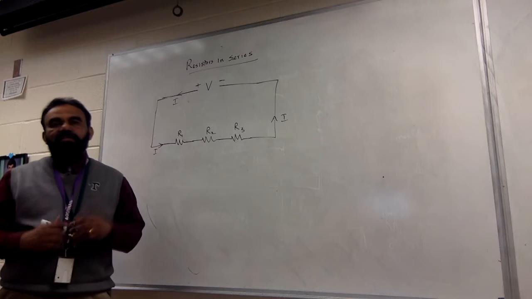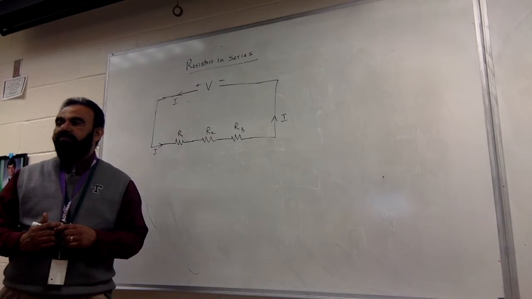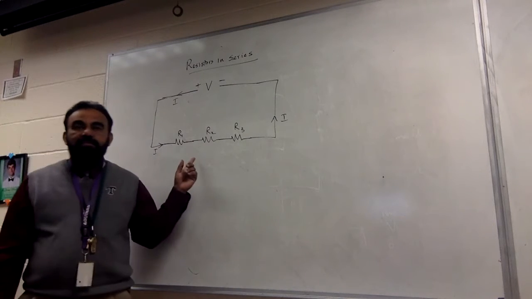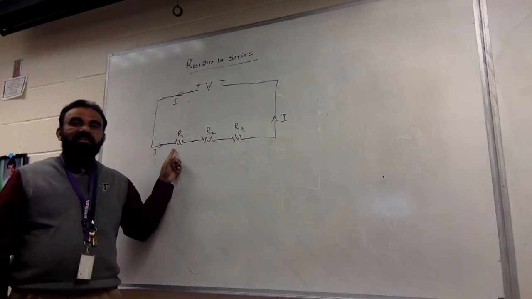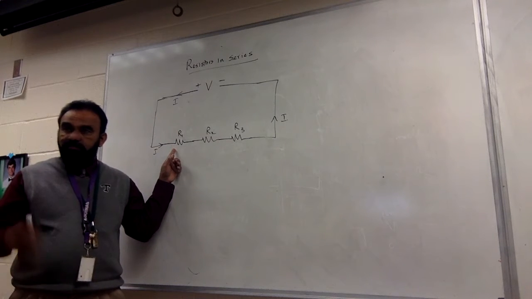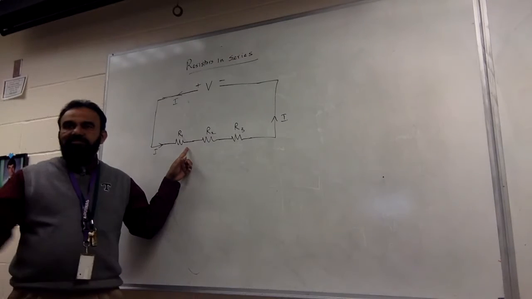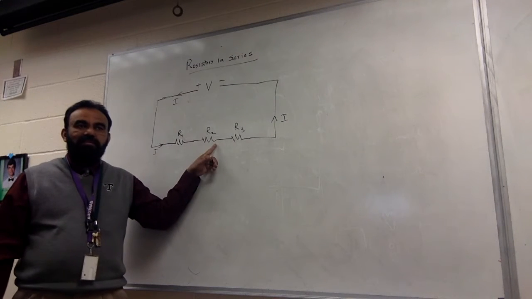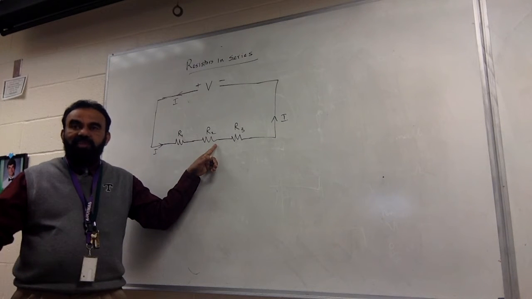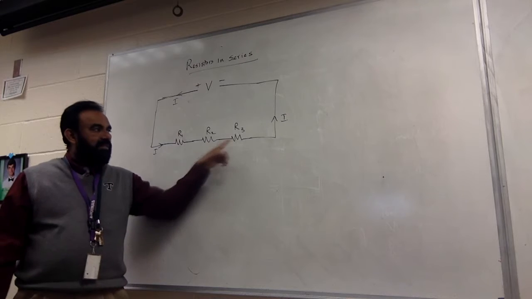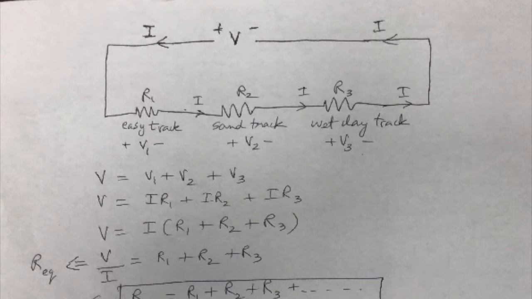Now let's look at it with a different analogy. Think of these as three racetracks. You have racetrack number one, turf. The next racetrack is a sand racetrack, and this one is wet clay. So look at them as three obstacles: an easy track, a sand track, a wet clay track.